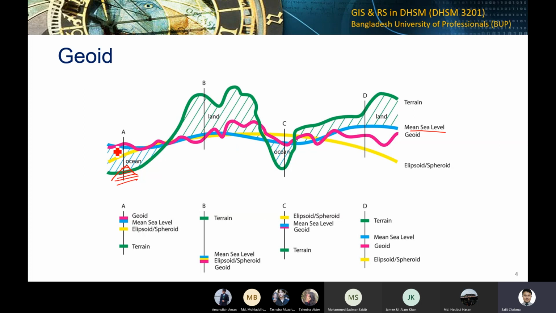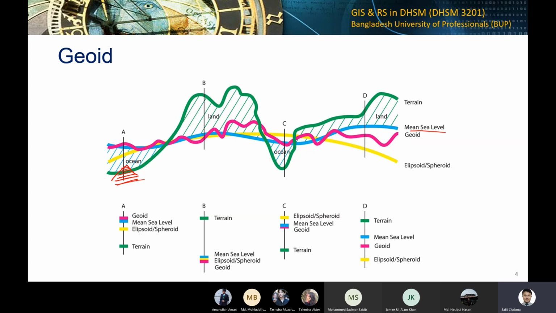So at the same time, if we also look at the line of the mean sea level, we will find that mean sea level is much smoother than the geoid. Why? Because mean sea level does not include the topography of the seabed. Rather, it only includes how the ocean is moving up and down. If we think about the ocean, the surface is quite flat.